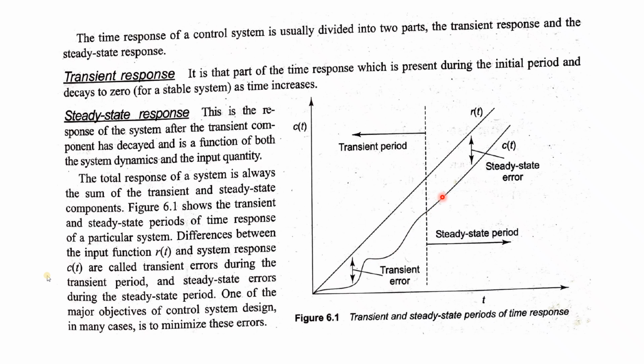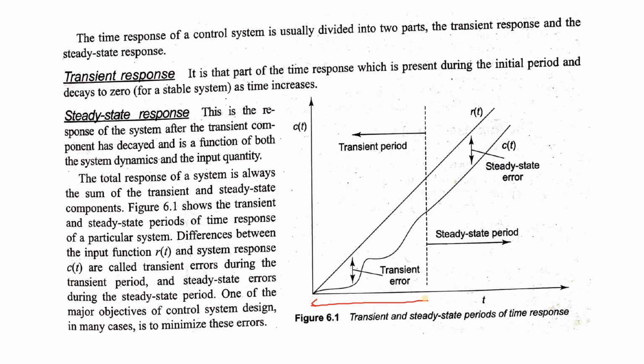Initially there will be some transient, some abrupt magnitude, and after that it becomes stable and you get a continuous output. If you plot c(t) with respect to time, you see that the input is linear but the output is not linear up to this point, and after that it becomes linear.